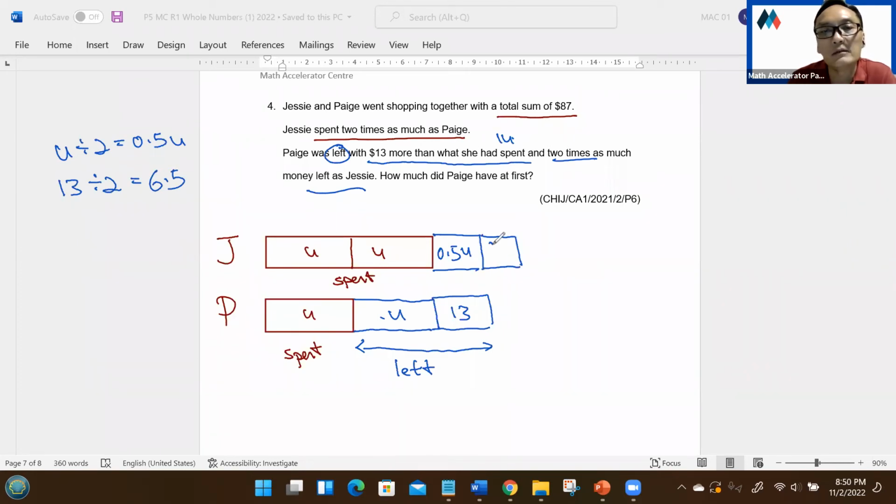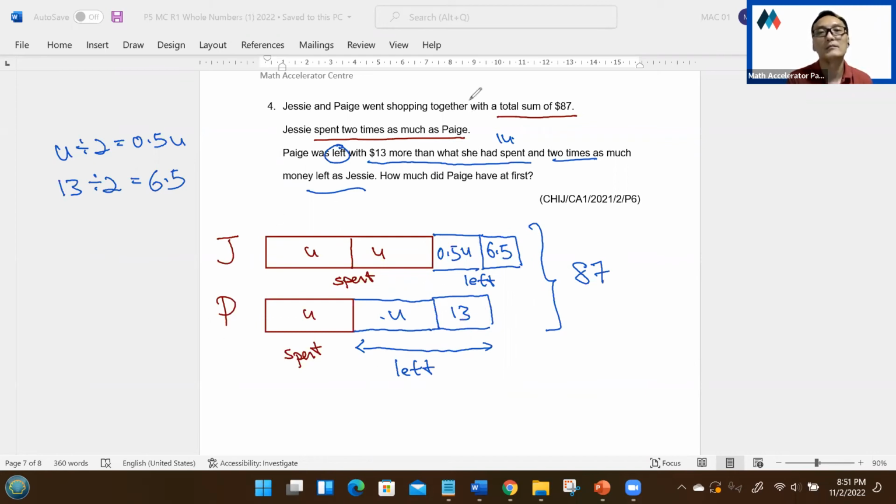So effectively, this is what was left for Jessie, right? So if Paige is left with 1 unit and 13, Jessie will be left with 0.5 units and 6.5. And the beginning total is $87. All right, can you help me find out how many units are there on the left side?